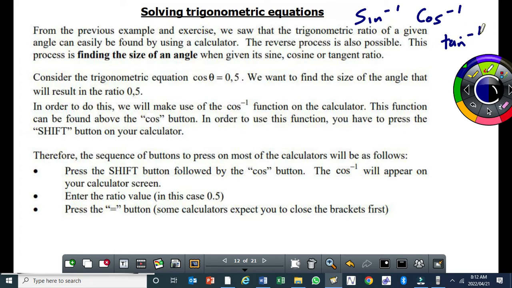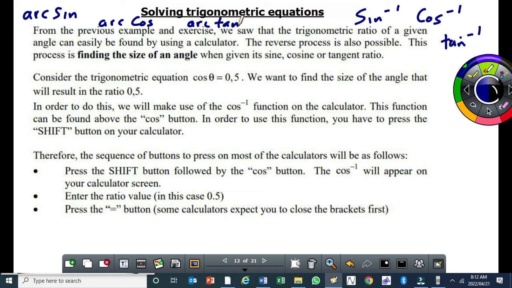In mathematics, when we pronounce it correctly, you pronounce this as arc sine. The proper word is arc sine. For cos, it will be arc cos, and for tan, it will be arc tan. So if you hear me saying arc cos, arc tan, arc sine, it means we are trying to determine the angle.